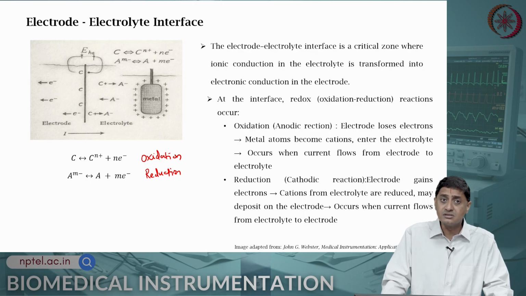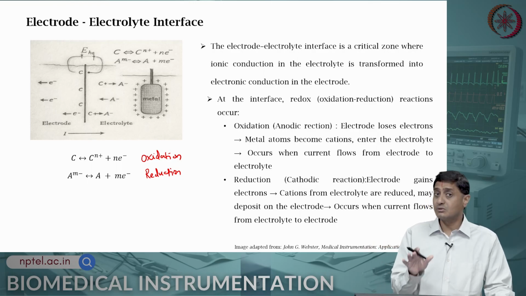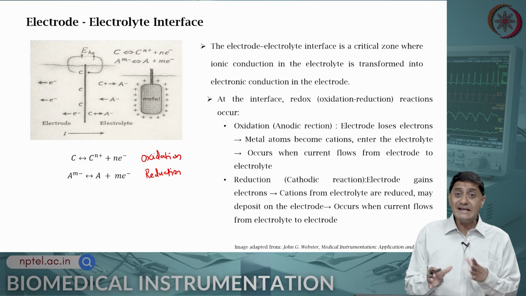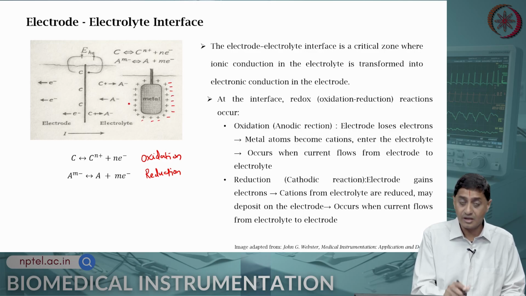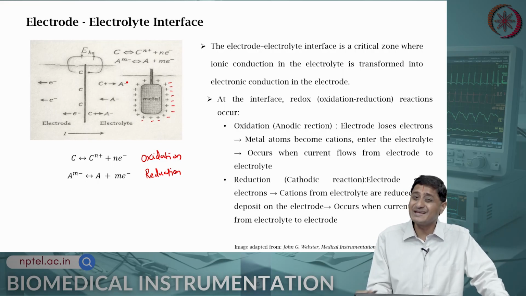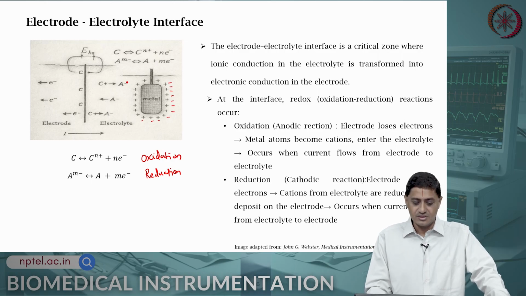You would imagine that, oh, maybe electrons are entering the metal. No, that does not happen. What happens is a complex bilayer forms. There is a positive layer surrounded by a negative layer, and so on and so forth. That means there will also be capacitive effects that come into the picture. We will discuss this in future. So, at the interface, both oxidation and reduction happen.